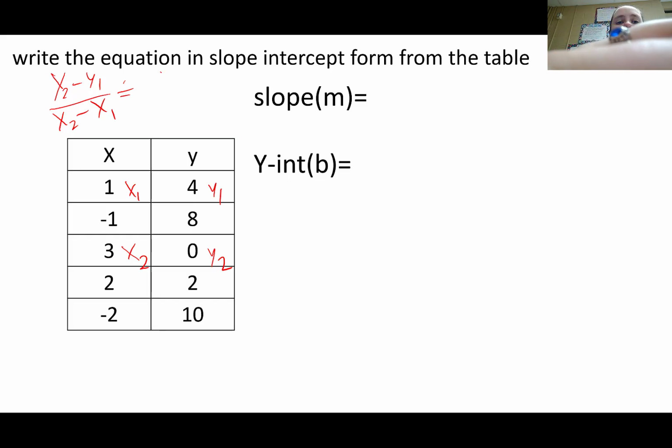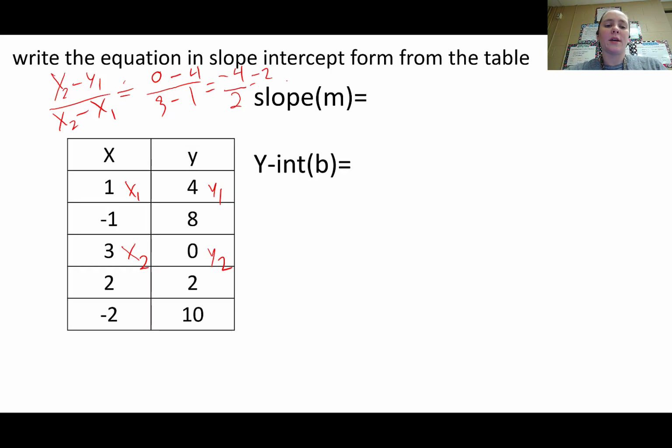My y2 is 0 minus my y1, which is 4, over my x2, which is 3, minus my x1, which is 1. It doesn't matter which set of points. So 0 minus 4 is a negative 4. 3 minus 1 is 2. Negative 4 divided by 2 is negative 2.